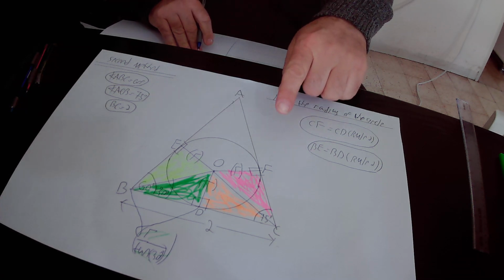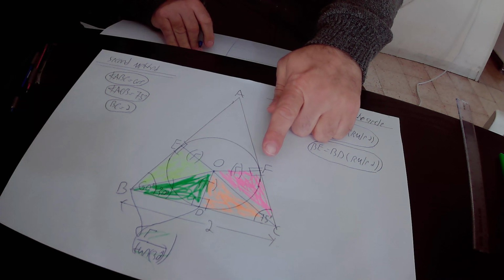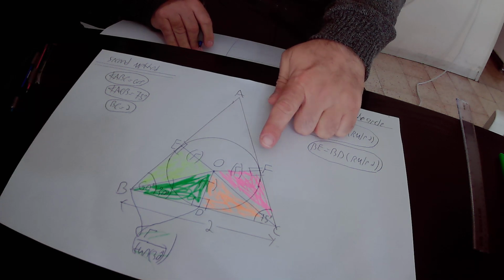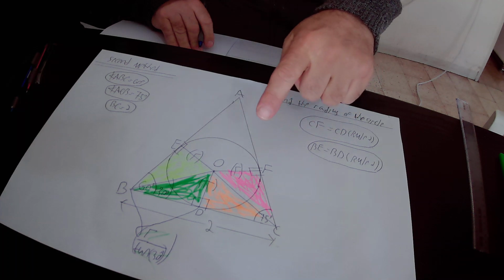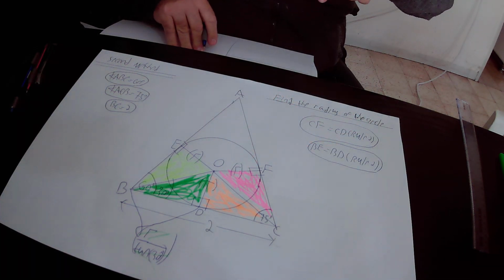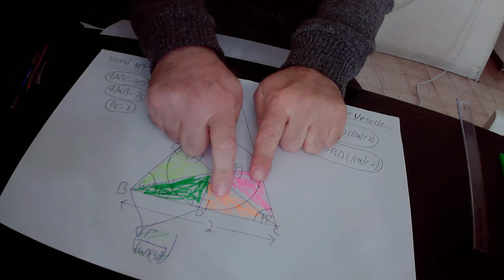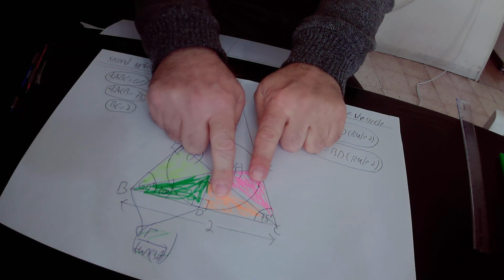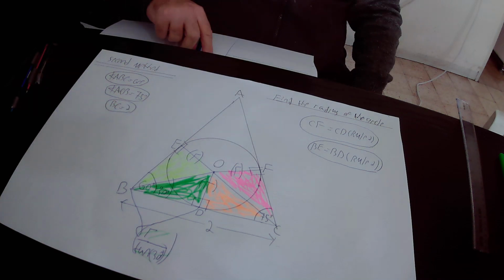So we actually prove that all three sides of this right pink triangle OFC are correspondingly equal to all three sides of the right orange triangle ODC. Therefore, those two right triangles are congruent to each other according to the side rule. So write it down.